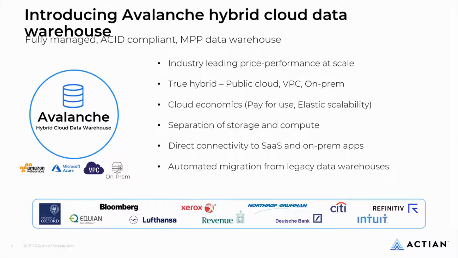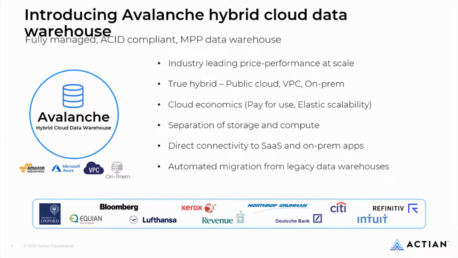Another standard feature that comes with Avalanche is a natively embedded enterprise ETL tool. We call it Avalanche Connect. So once you log into the console, you can query the data, you can ingest the data. You have the ability to bring in your data through our patented technology, our own technology.